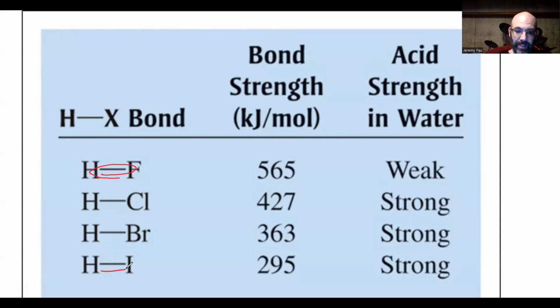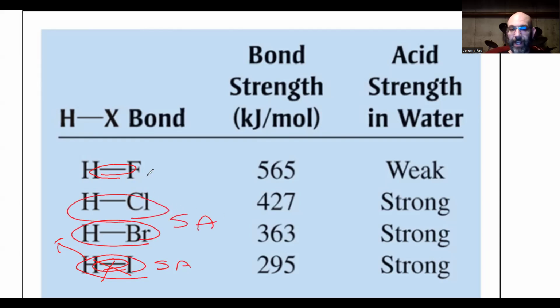Down here with HI, this bond is very weak. Because it's so weak, it's easy for this bond to be severed and for HI to donate a proton. So HI, strong acid. Same thing with HBr and HCl. These are your strong acids. HF is considered a weak acid, and part of the reason is because it has a high bond strength.